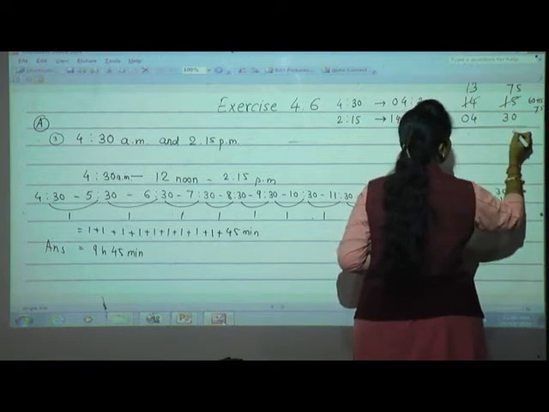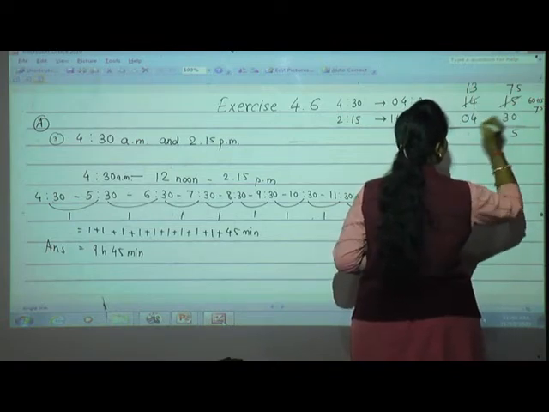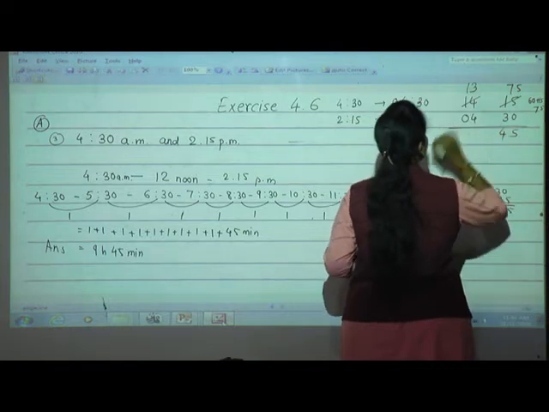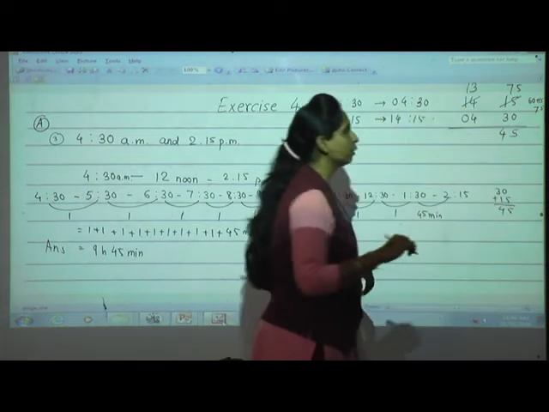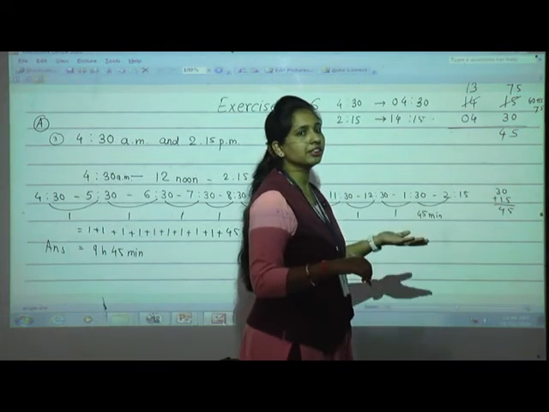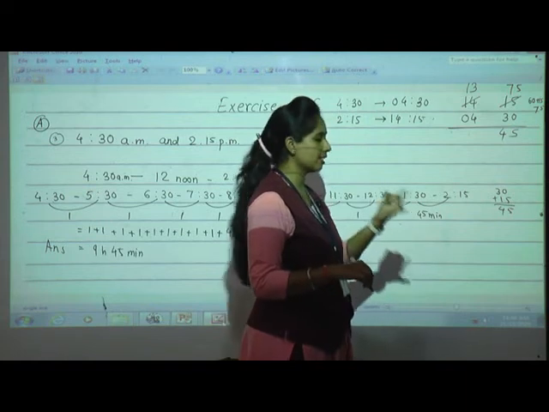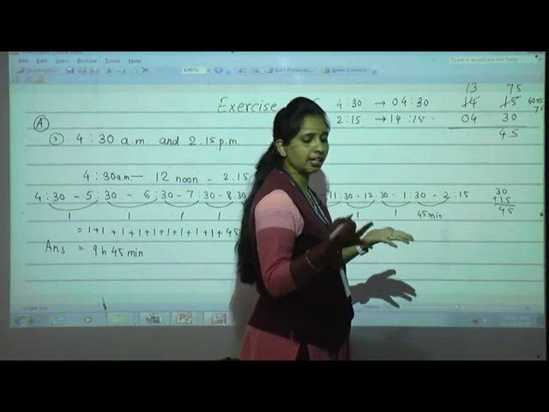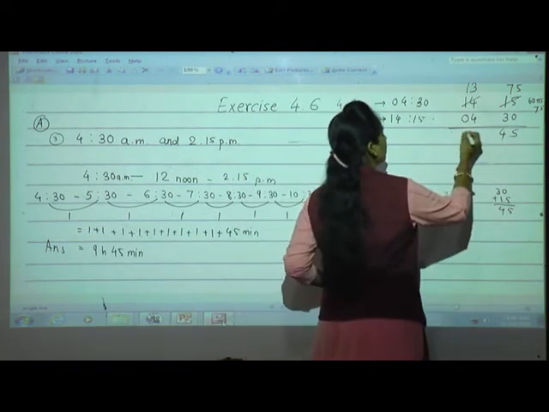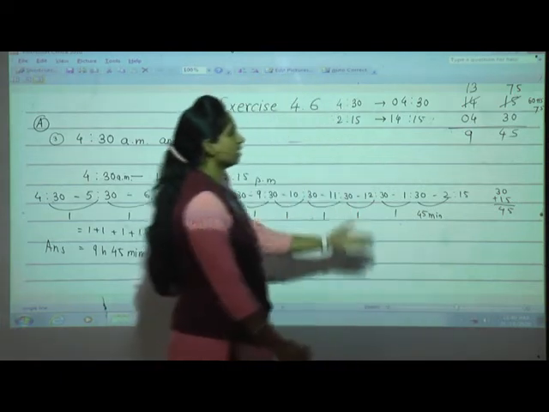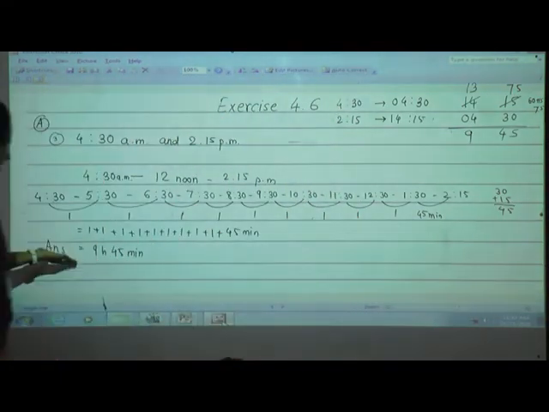Now 5 minus 0 is 5, 7 minus 3 is 4. Now 13 minus 4, count after 4 till 13 comes: 5, 6, 7, 8, 9, 10, 11, 12, 13. See the answer? Same, 9 hours 45 minutes. Clear? Understood? Very good. Now we will solve our B question.